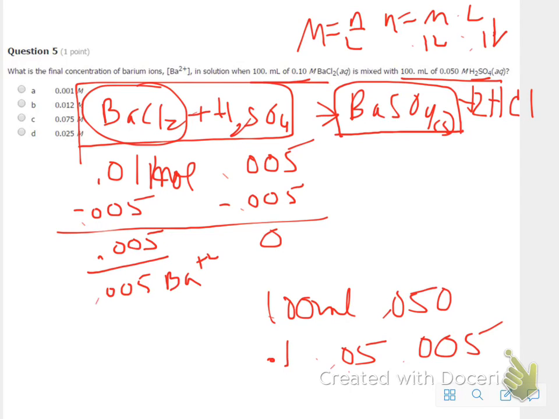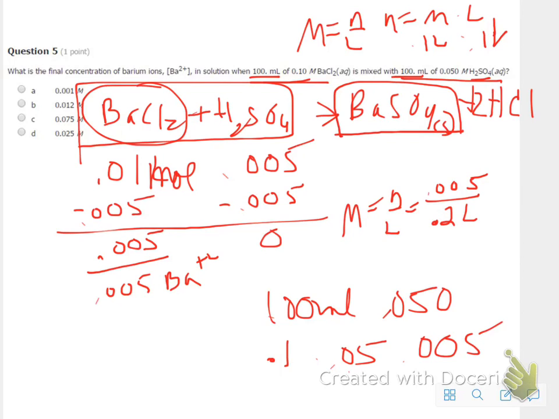But I need to find the molarity, the concentration, moles over liters. And I have 0.005 moles. And let me see, I have to look at the total volume. 100 milliliters plus 100 milliliters is 200 milliliters, which will be 0.2 liters. Alright, so I think about 0.2 as 1/5.